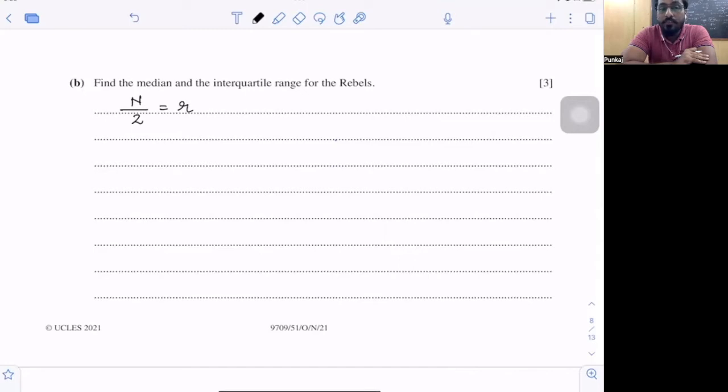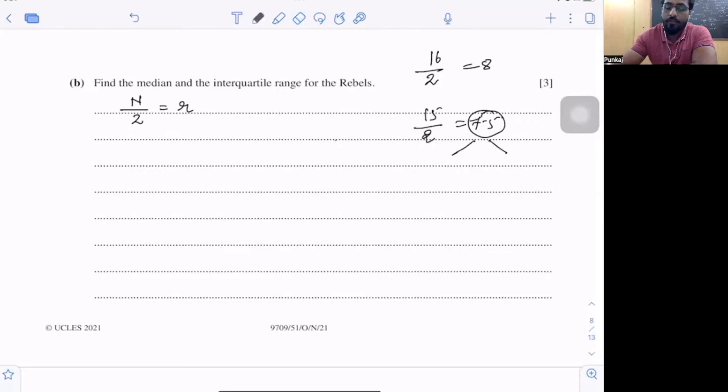Now, if this value r is an integer, for instance, if I have 16 values, then 16 divided by 2 gives me 8. That is an integer. But if I have 15 values, then 15 divided by 2 gives me 7.5.